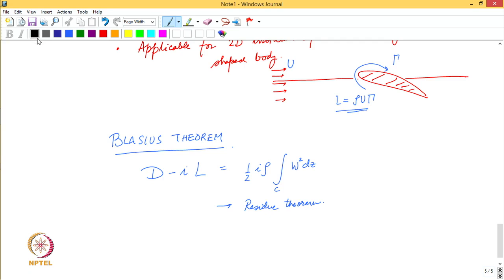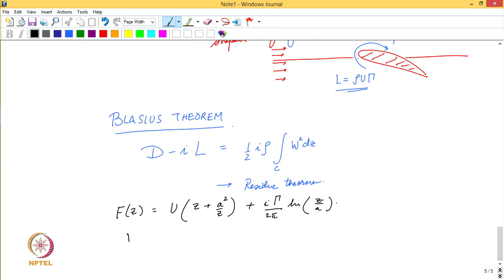So, how do we use this Blasius theorem? Now, recall that the complex potential in our problem for flow past a cylinder with circulation is u z plus a square by z plus iota gamma by 2 pi log of z by a.